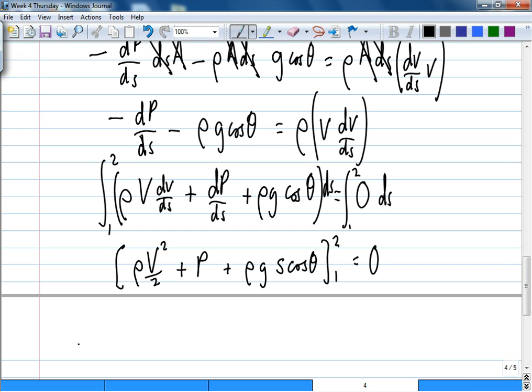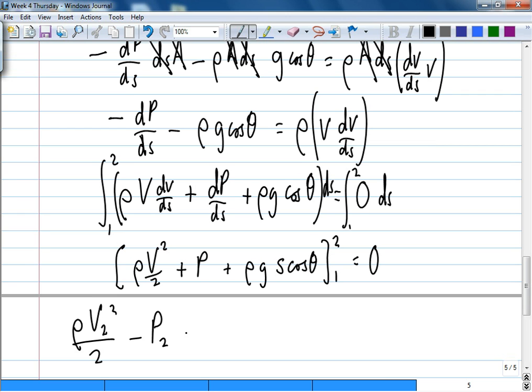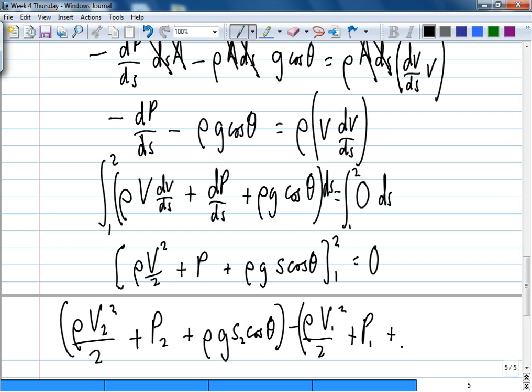So in other words, rho v2 squared over 2 plus p2 plus rho g s2 cos theta, minus rho v1 squared on 2 plus p1 plus rho g s1 cos theta, equals 0.